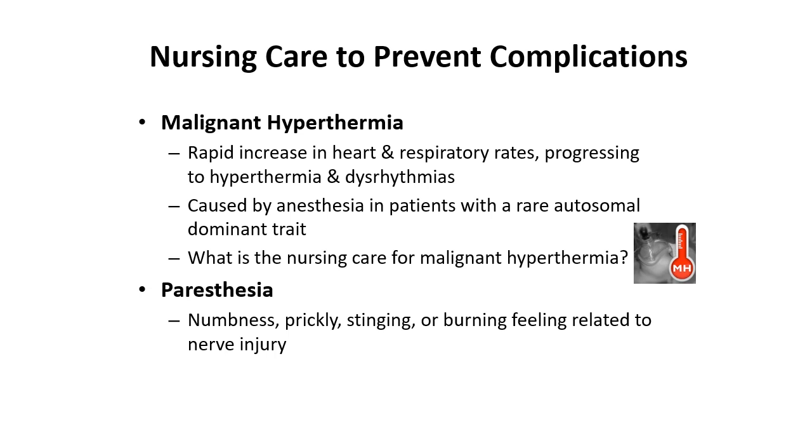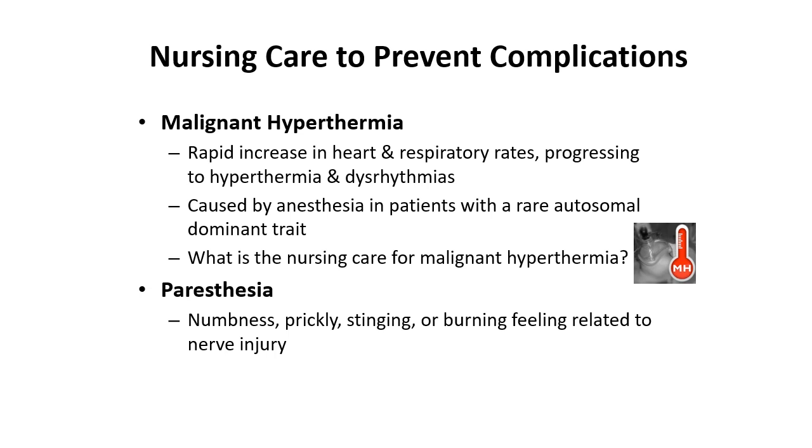So what happens is some patients just have this rare autosomal dominant trait where, when they are exposed to certain anesthetics and process it, they begin to metabolize it in a way that their body starts having this hyperthermic reaction.